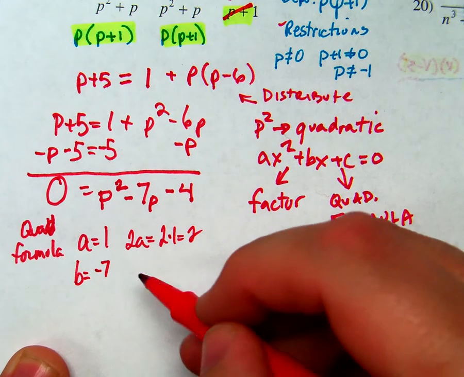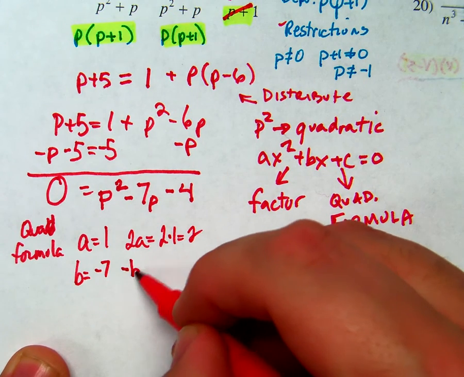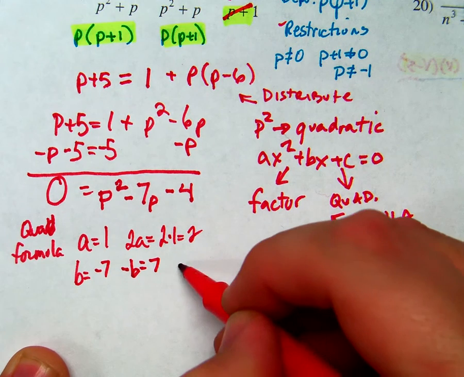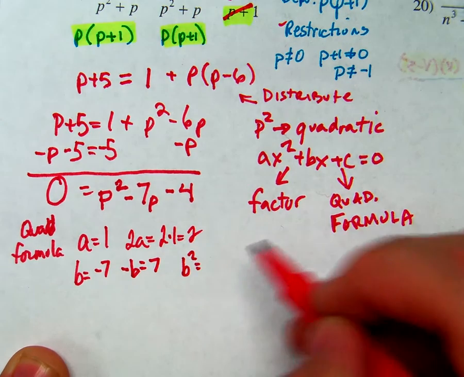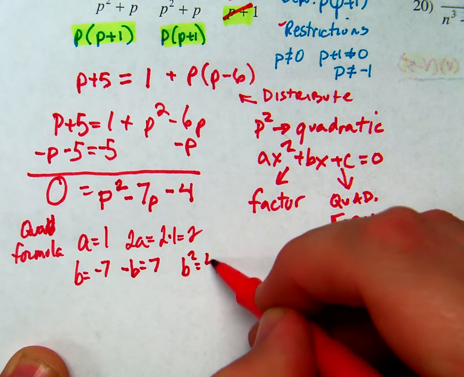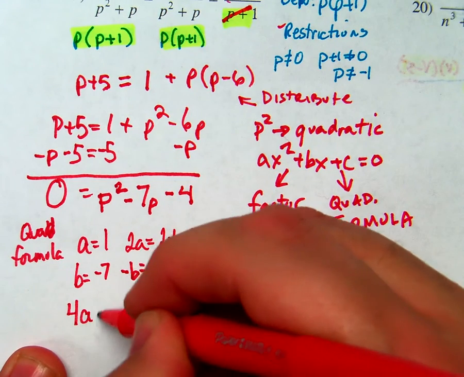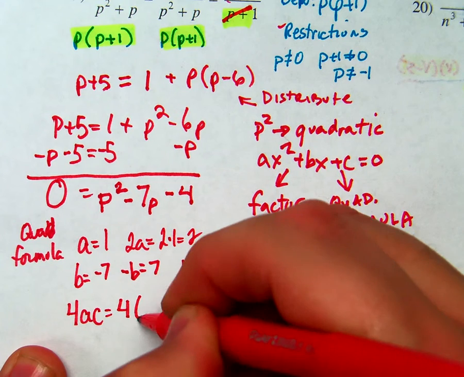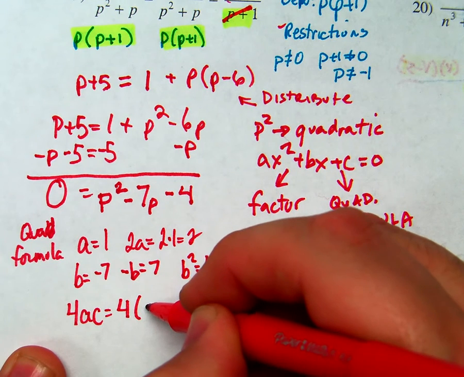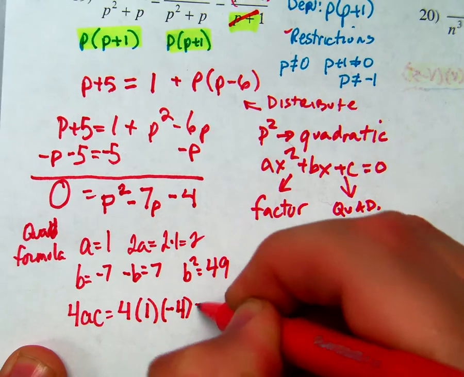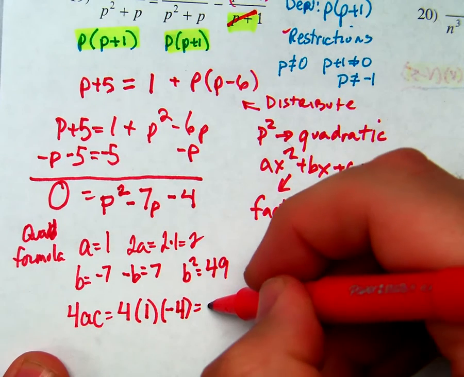What's the opposite of b? 7. What's b squared? 49. And now I need 4ac. So I need 4 times a, which is 1, times negative 4, which is negative 16.